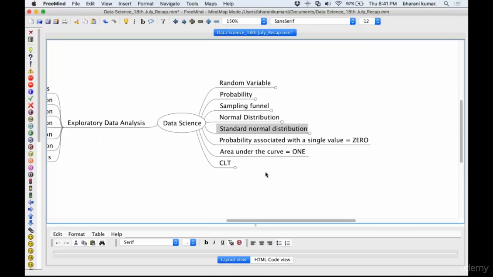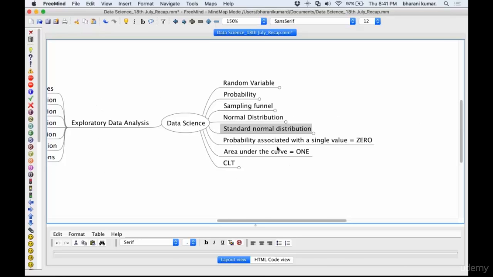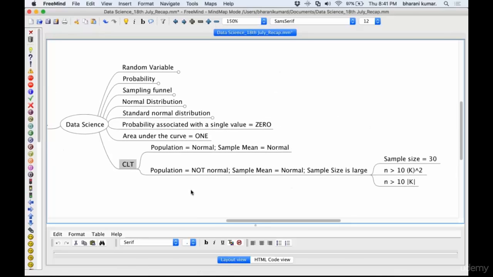And we also know that probability associated with a single value is always zero. And we have learned about another property called area under the curve, which is always equal to 1. And post which we have also discussed the central limit theorem, which says that if the population is normal, your sample mean would also follow normal distribution.